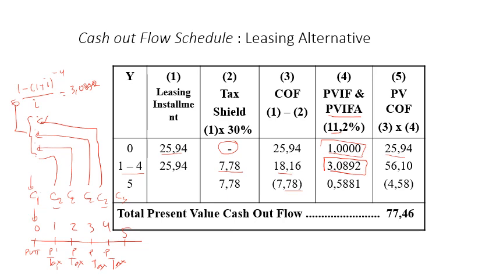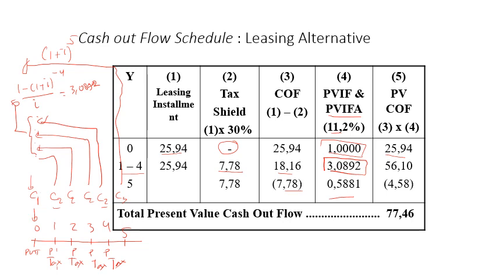Because this is at year 5, the discounting factor from 5 to 0 is (1 + i)^-5, which gives a result of 0.5881. The present value of the cash outflow will be minus 4.58.